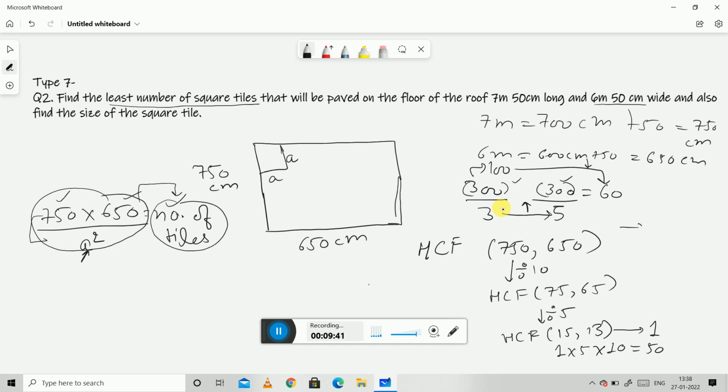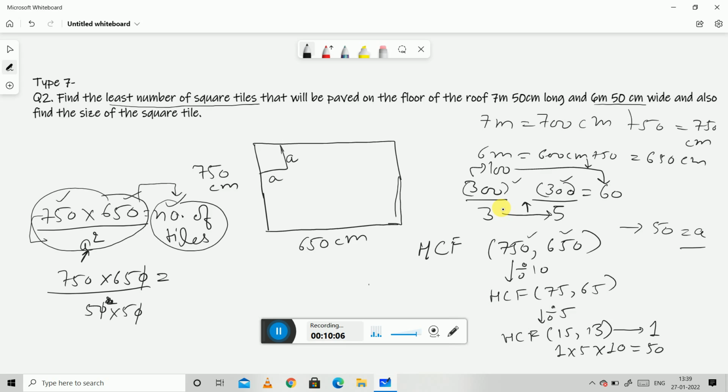So the highest number that is going to divide both these numbers is 50, and therefore that is the value of a. So my a will be 50. If I divide this total area by 50 square, what I will get is the least number of tiles. Let's write it into 50. 50 square is 50 into 50, right?